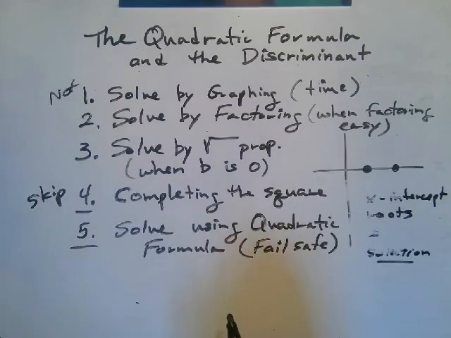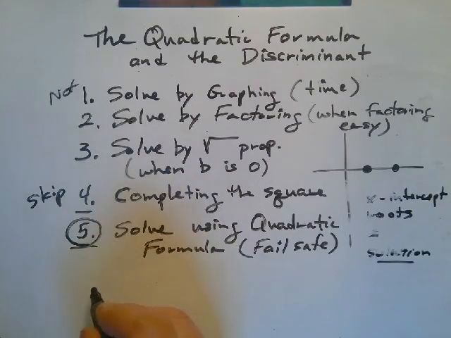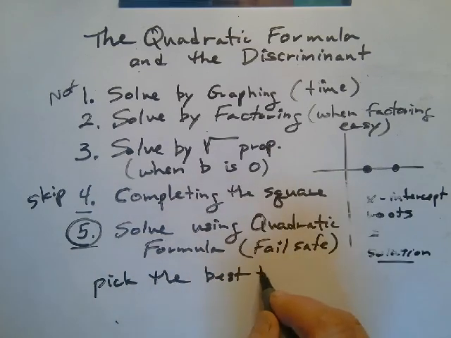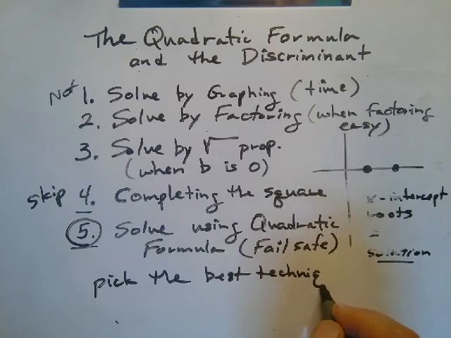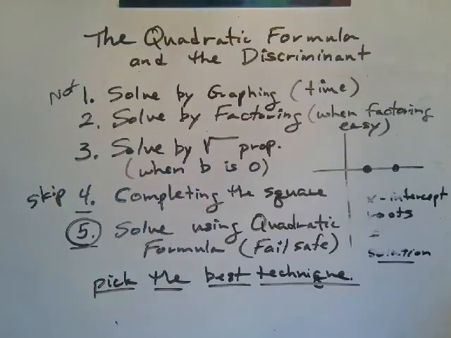So we're going to do 2 things tonight. Number 1 is you're going to solve using the quadratic formula, and then you're also going to pick the best technique on this assignment tonight, okay? And we'll go over those again as we do some problems here.